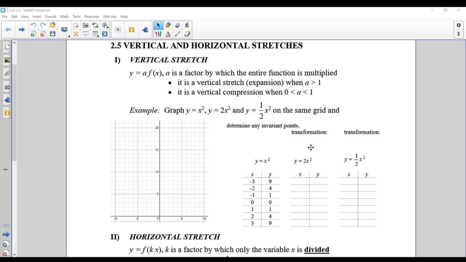We're going to now do the 2x squared line. The 2x squared line represents a function x squared that's been multiplied by 2, which means that we have a vertical stretch. That's what they're saying here, a vertical stretch by a factor of 2. And I'll tell you how that affects your table values in a second, but let's write that down first. There's some abbreviations that you're allowed to use, because those are the abbreviations that I use.